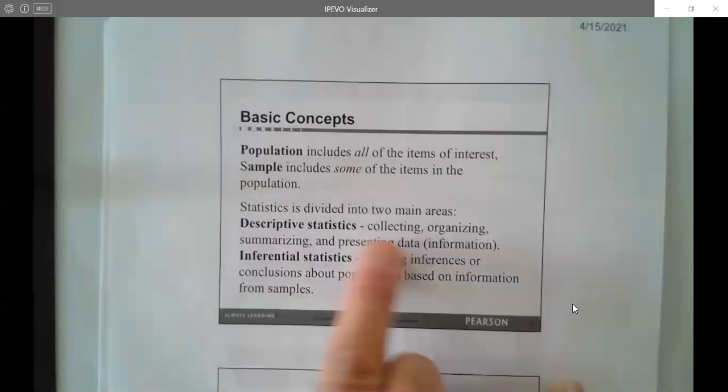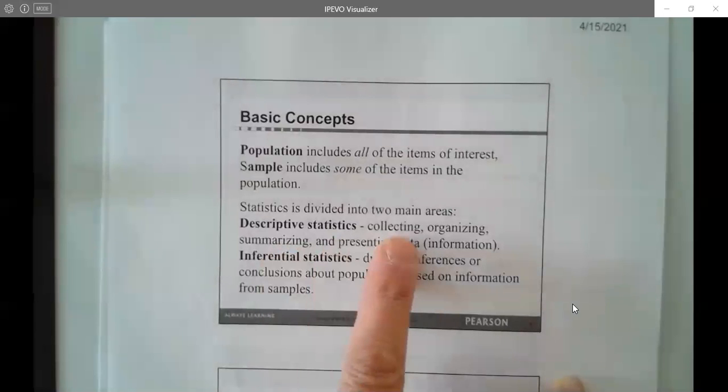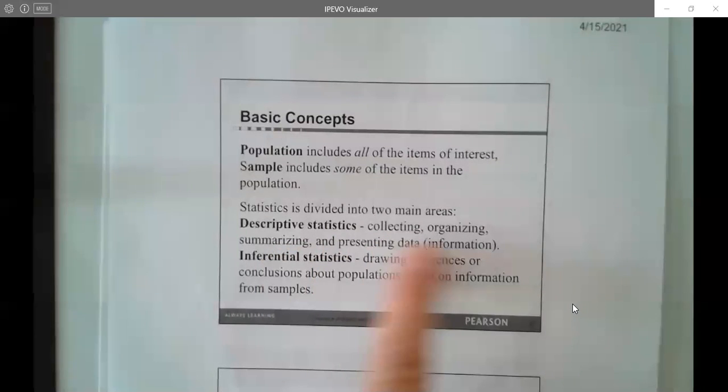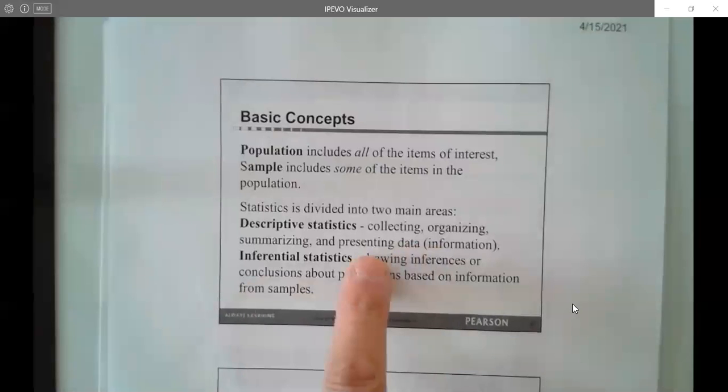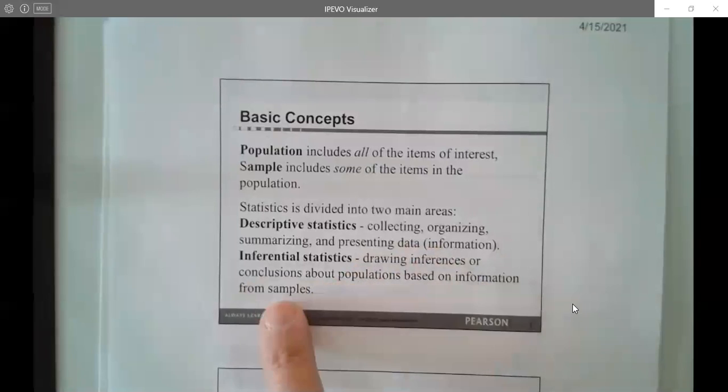Statistics is divided into two main areas: descriptive statistics, where we collect, organize, summarize, and represent data, and inferential statistics, drawing inferences or conclusions about populations based on information from samples.